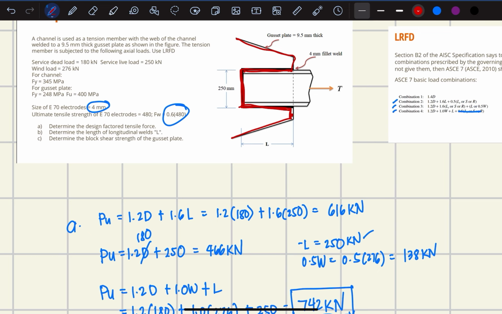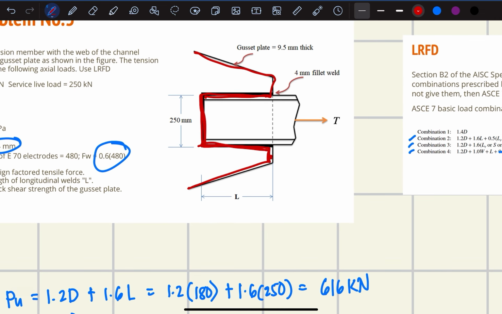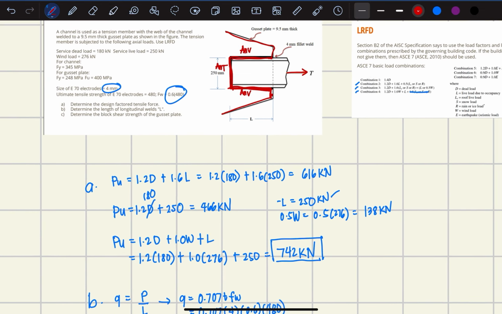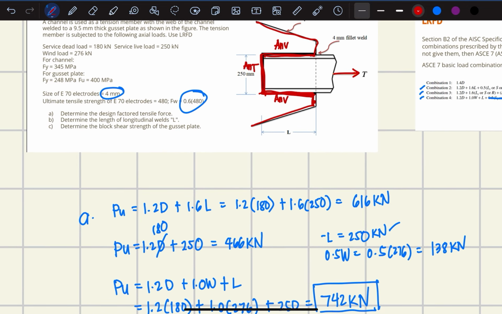So, to solve this, we first need to get the net area in shear and the net area in tension. The net area in shear is these two, because it is subject to shear due to the horizontal tensile load, so it is parallel to the tensile load. Then this is the net area in tension, which is perpendicular to the load T.